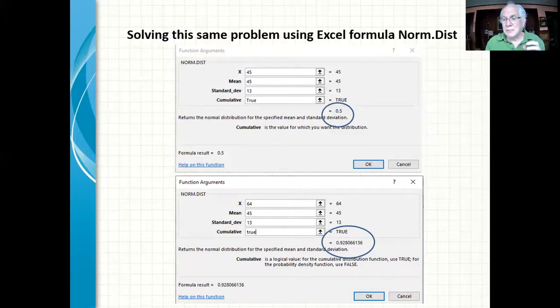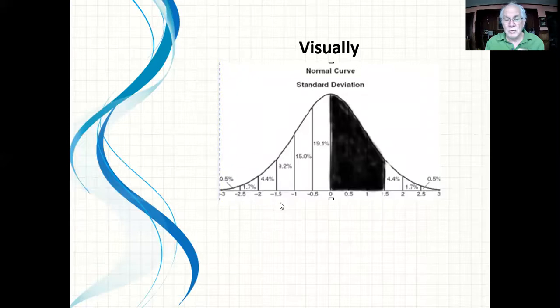Now let me go back one. What I've just done is I said, what percent fall to the left of 0, which is here, and that's 50%. What percent fall to the left of 1.46, which is this point? That would be everything all the way across here. So I take the percent that's to the left of this point, which is everything, and then subtract the percent left of the other point, which is 0.5.